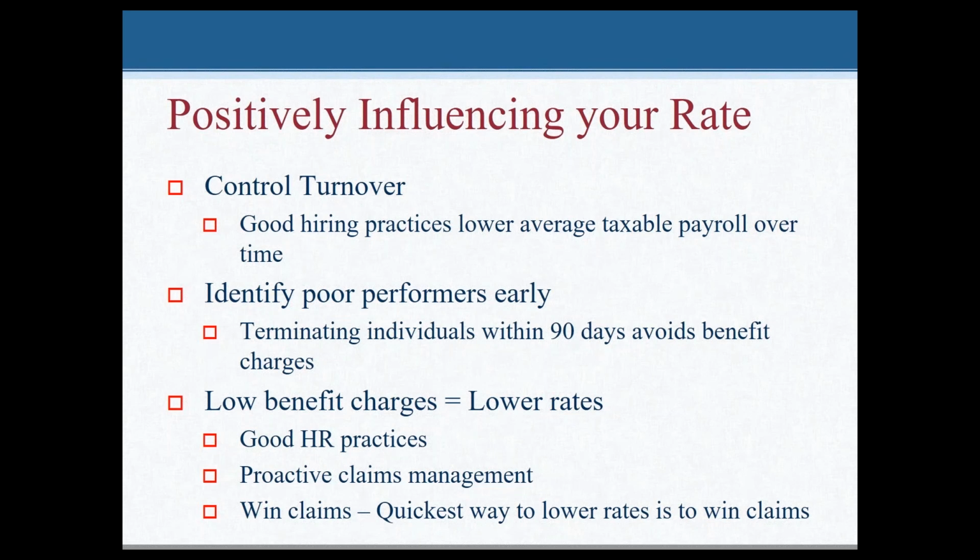In both systems, this is the fastest way to keep your rates low and to lower them over time, because that means everything that you pay into that account, if it's a reserve account balance, it means that account balance is growing and it's looking better in relationship to your average taxable payroll. Your contributions are staying in your account.